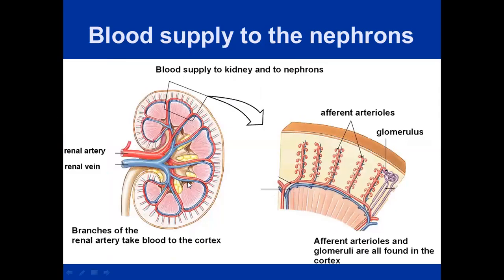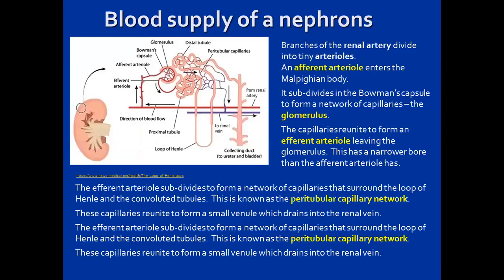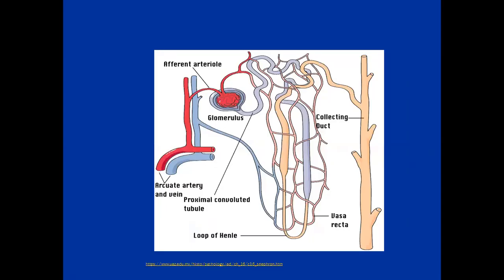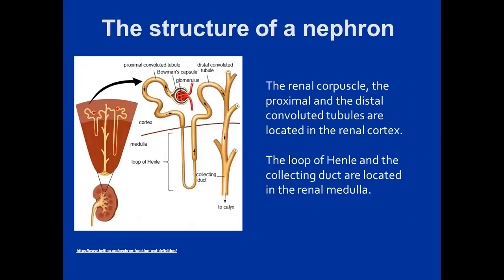So in other words, let me go to the nice one, my favorite one. If you took a section through here, cut a line through there, you can see the glomerulus, the Bowman's capsule with a space between it.